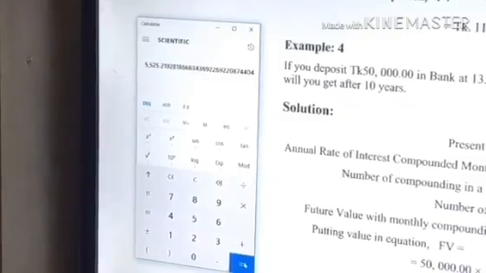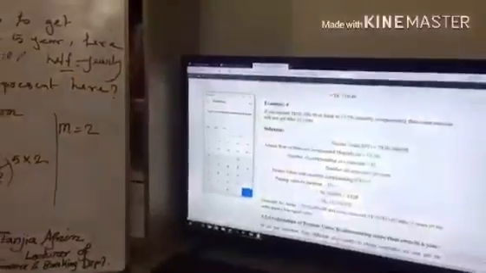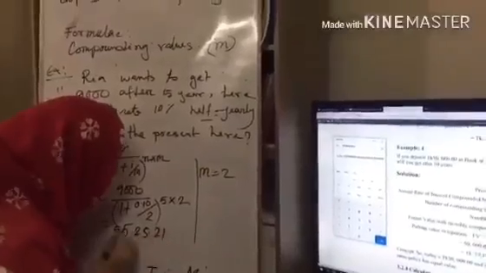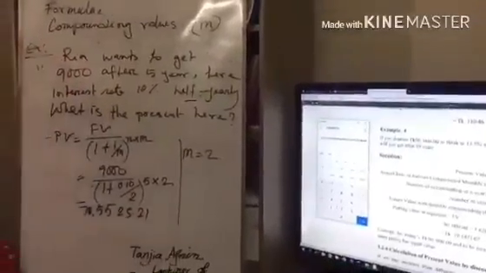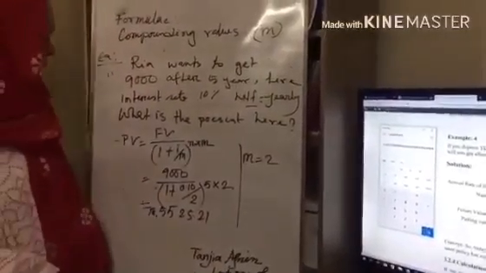The result is here, taka. This is the present value of 9,000.